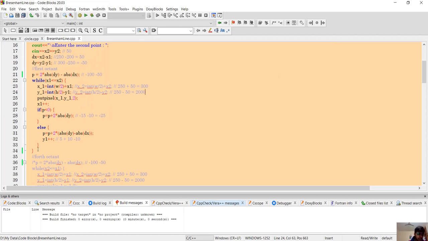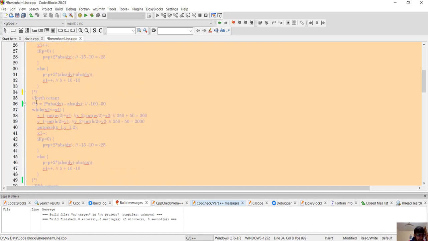Now what I'm going to do is add the comment markers again, so that will comment it again, and let's go to our second octant. That was the code working in our first octant. In our second octant, as I told you, x and y are flipped.